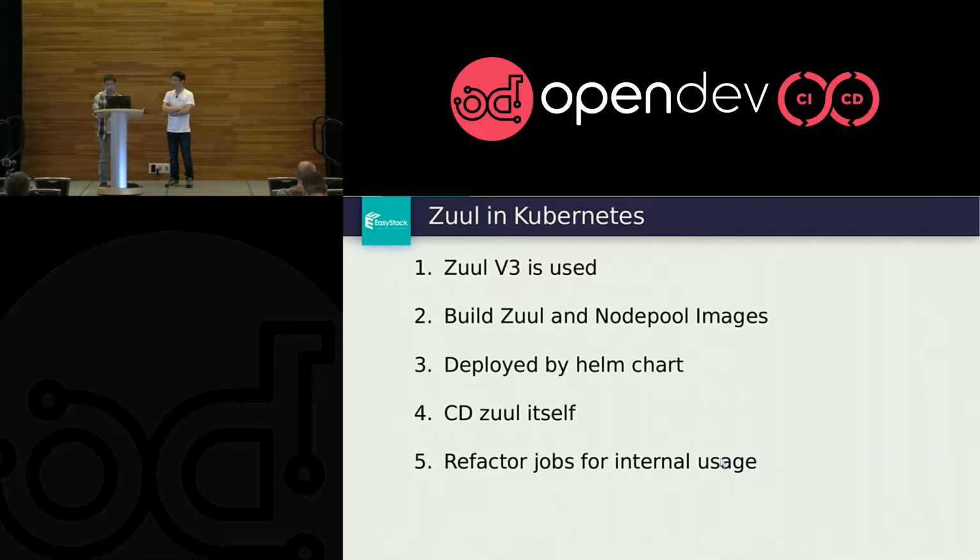And if code was changed, for example there are some bugs in Zuul, so if there is a patch we fixed, one job will be triggered by event mesh to check whether there are some running jobs in Zuul. And if there are no running jobs, this job will update the Zuul code and restart the Zuul server.